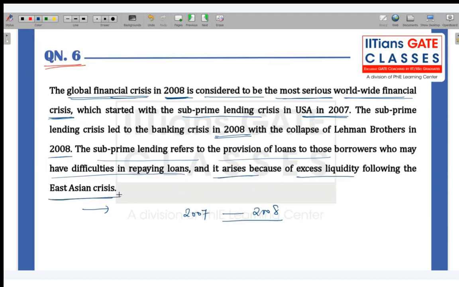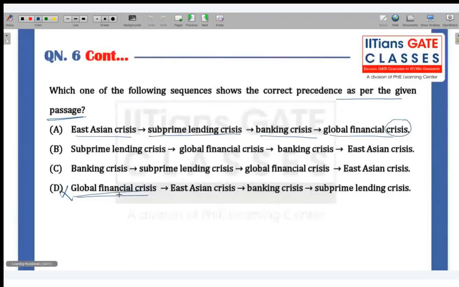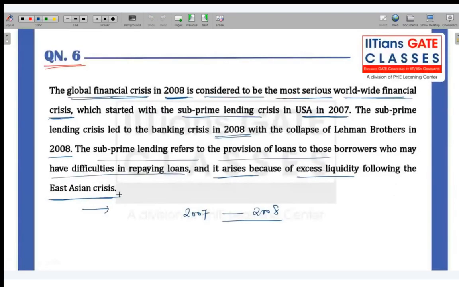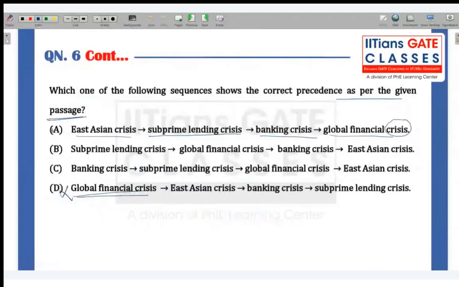So the very first should be the East Asian crisis. Thereafter subprime, then banking, and at the end, global financial crisis.